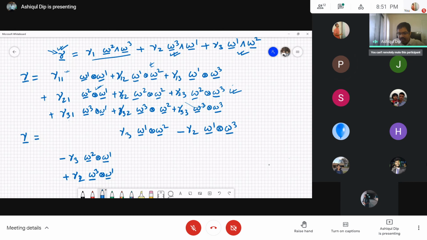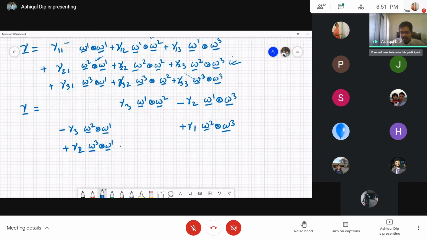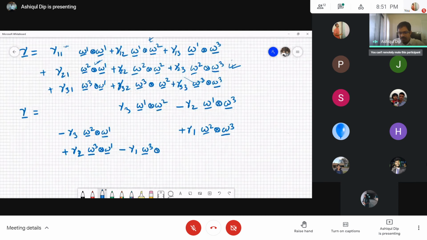So we should write here plus gamma 1 omega 2 times omega 3, and then the negative of that term should come over there. So negative gamma 1 omega 3 times omega 2, like that. And we do not have this part and that part.